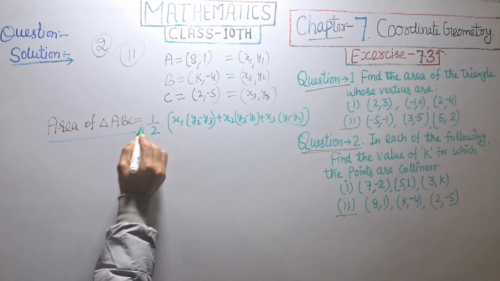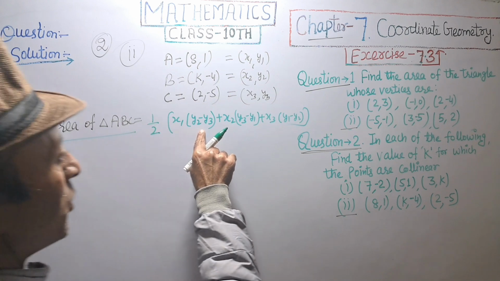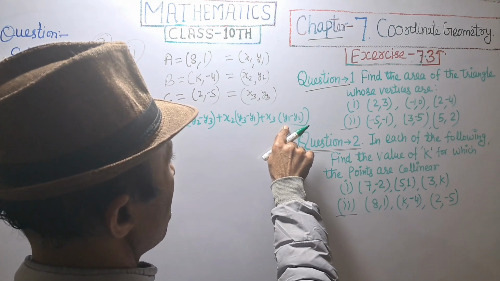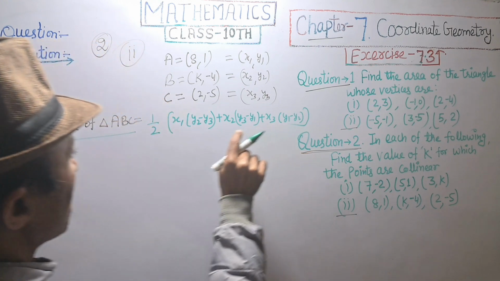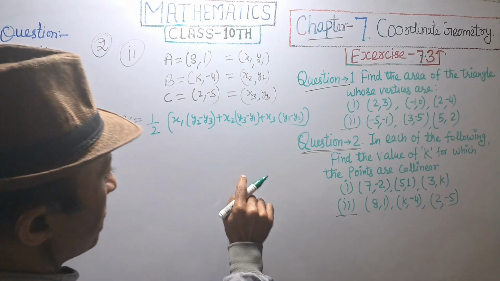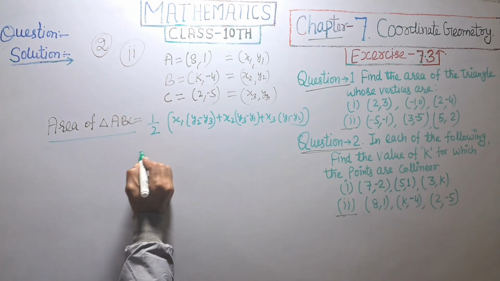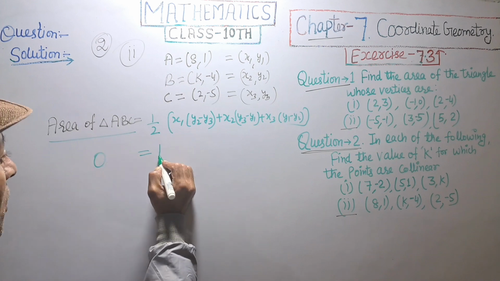Area of triangle formula equal to half into x1 y2 minus y3 plus x2 y3 minus y1 plus x3 y1 minus y2. But points are collinear, means area of triangle is equal to 0.